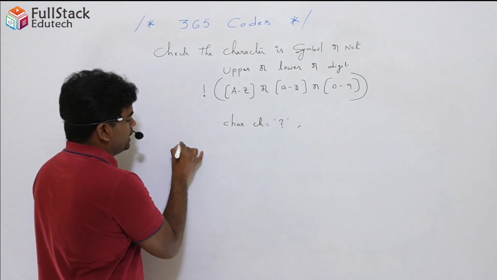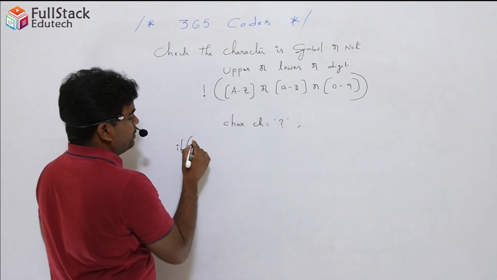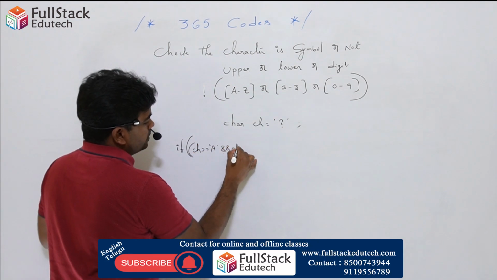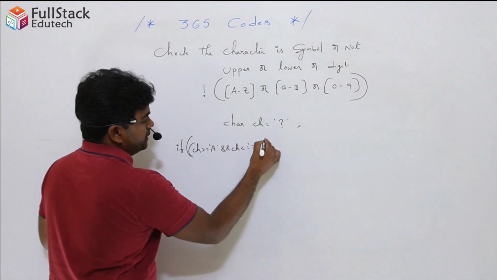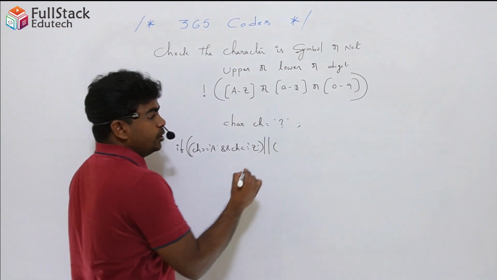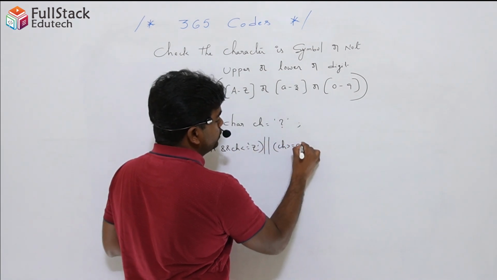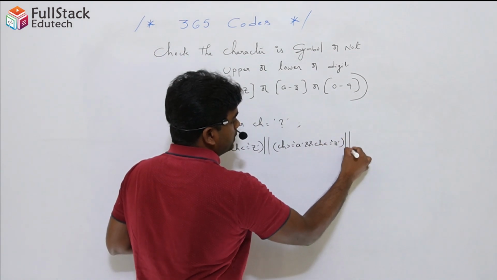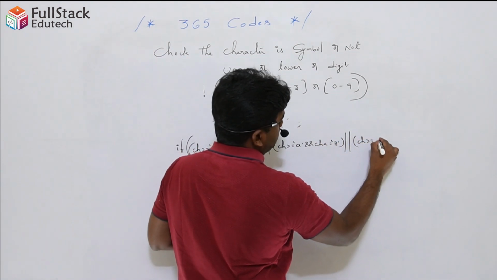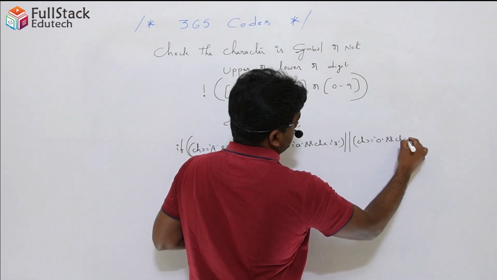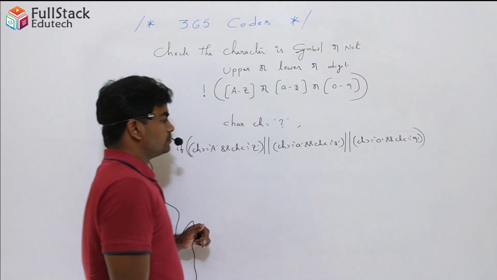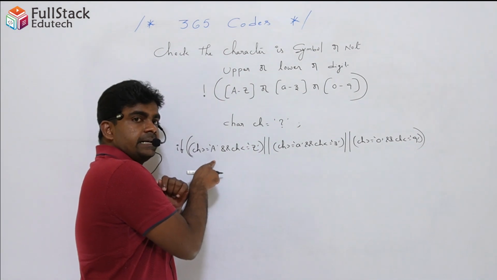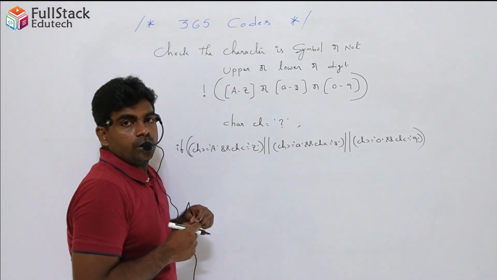Now the condition: if first uppercase, capital A to capital Z, or lowercase, small a to small z, or digit, 0 to 9. So this is for checking whether that character is alphanumeric or not.